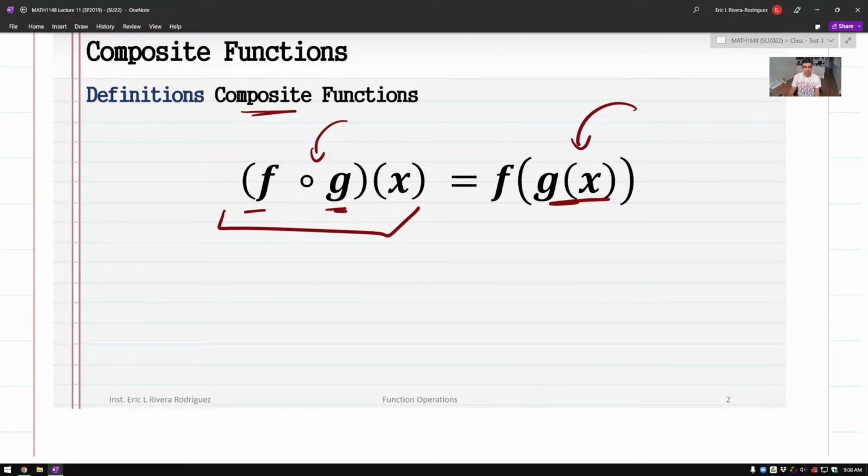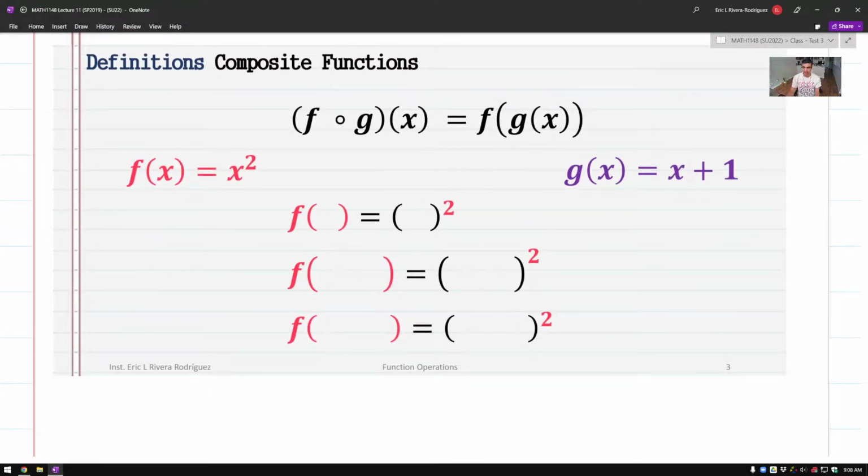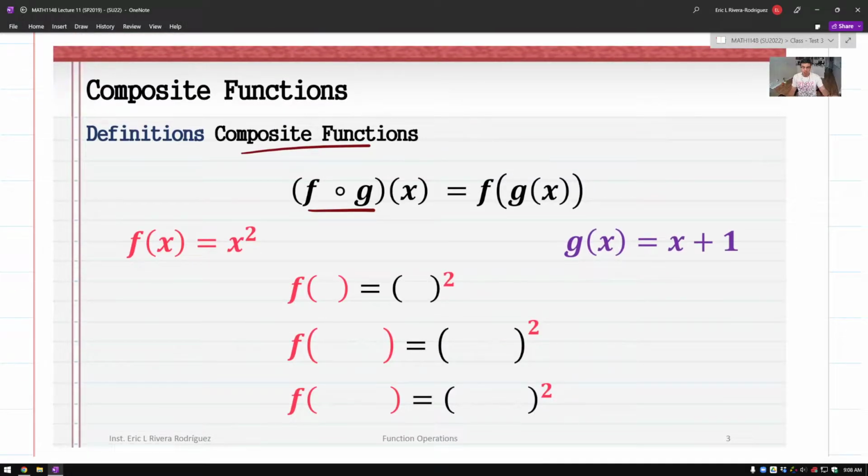Let's see this in an example so we can see how we work with this. We need to create this composite function based on f and g. We have the definition for f, which is x squared, and we have the definition for g of x.